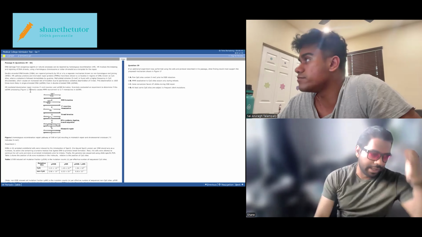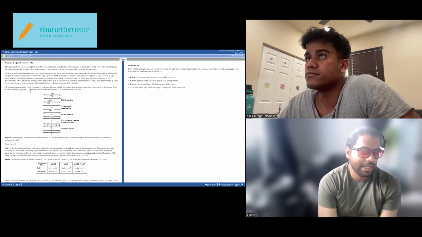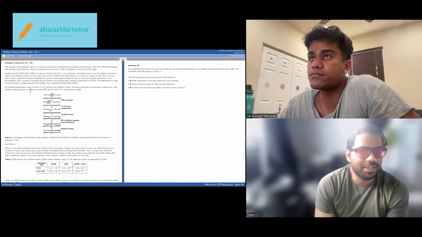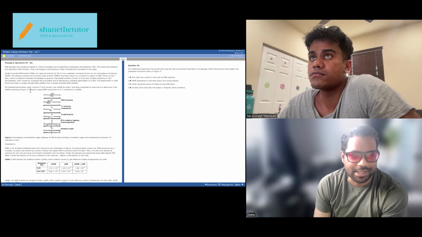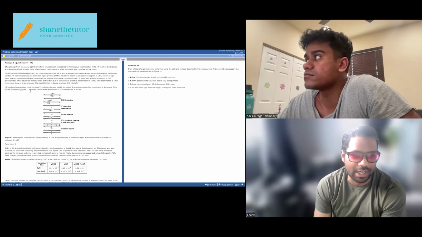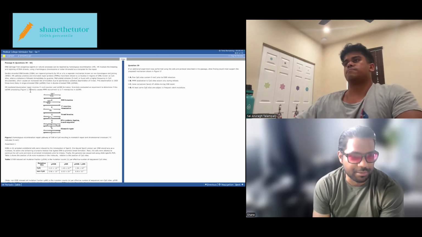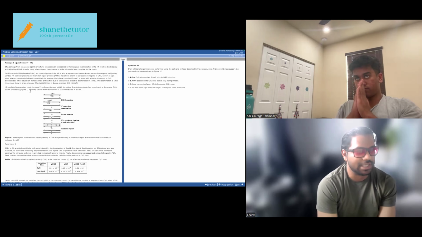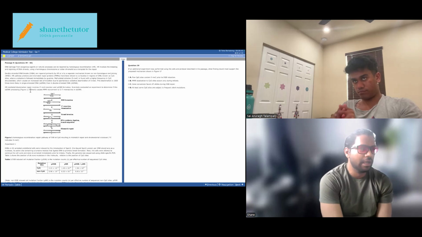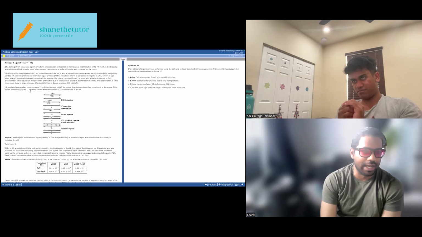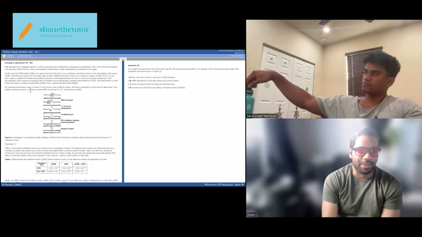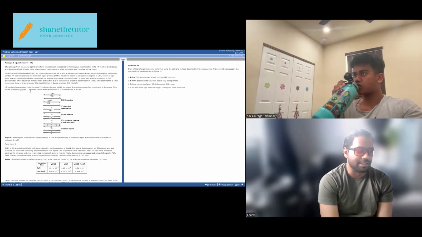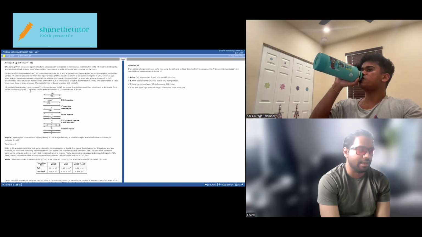So, okay, let's talk about some of this so far. The passage says that DNA damage from exogenous agents or natural processes can be repaired by homologous recombination, HR, which involves the breaking and rejoining of DNA strands using a homologous chromosome or sister chromatid as a template for the repair. Double-stranded DNA breaks, DSBs, are repaired primarily by homologous recombination or by non-homologous end joining, NHEJ.